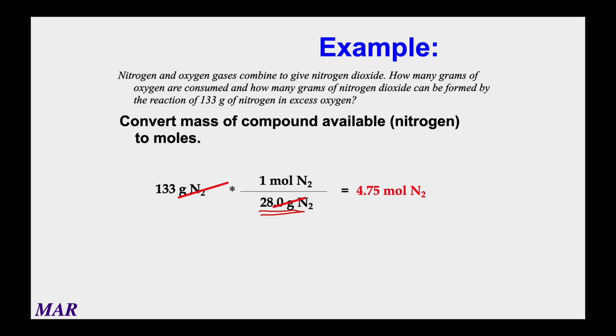I'm only using 3 significant figures because 133 is a 3 sig fig number. So you can see here the molar mass of N2 is 28.0 grams per mole, so I'm going to divide by 28 and multiply by 1. That way the grams of N2 cancel out. And in your calculator, that comes out to be 4.75 moles of N2.